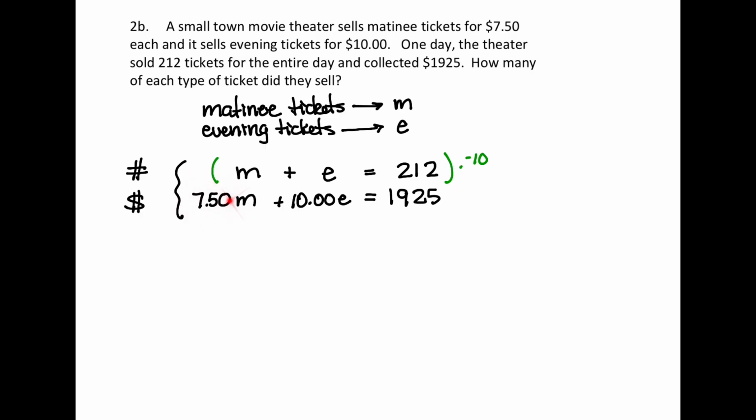Multiplying by negative 7.5 would work, but multiplying by negative 10, I like that a lot easier because I can do it in my head, right? So the new equation is negative 10m minus 10e is equal to negative 2120.